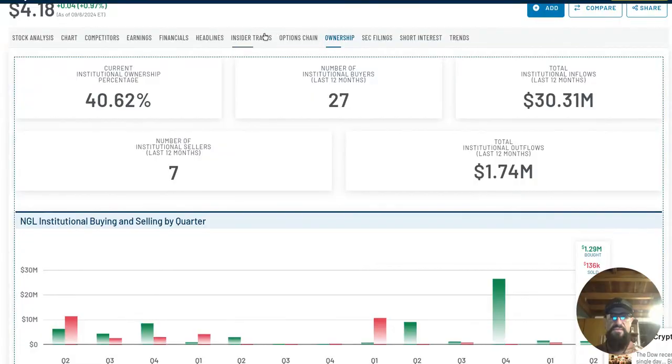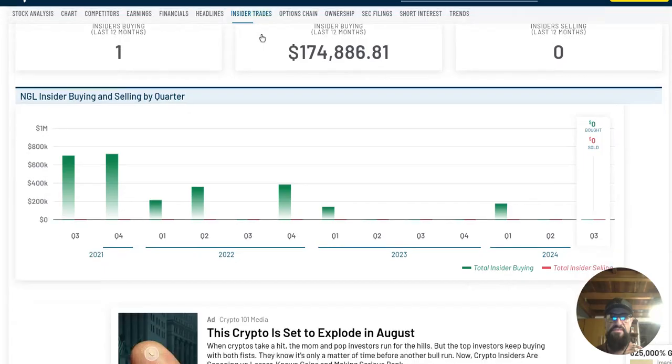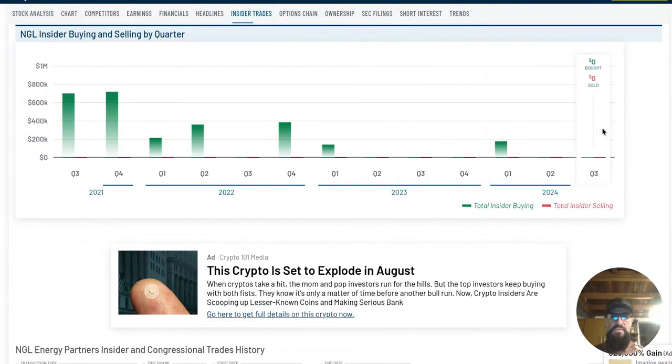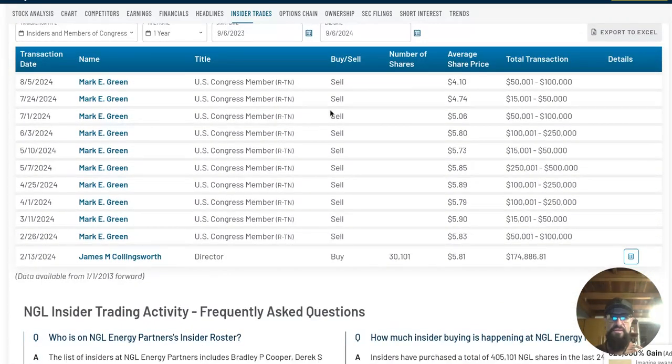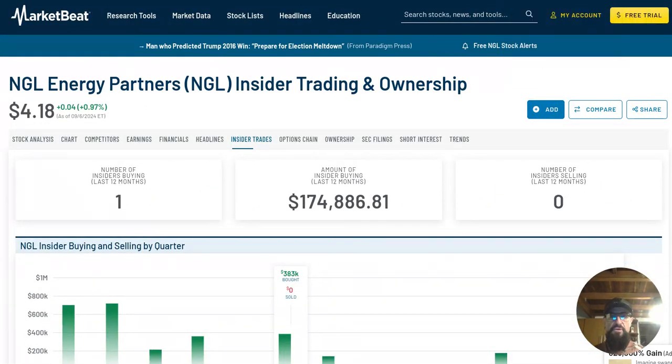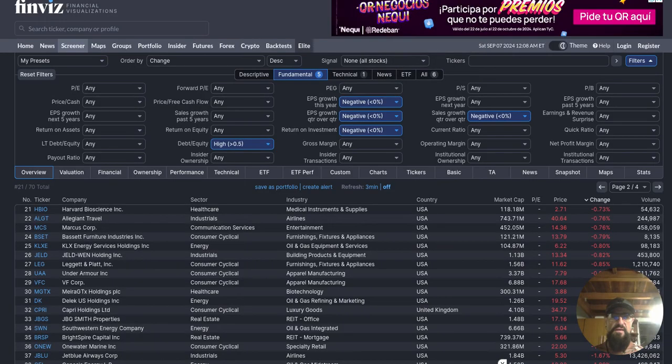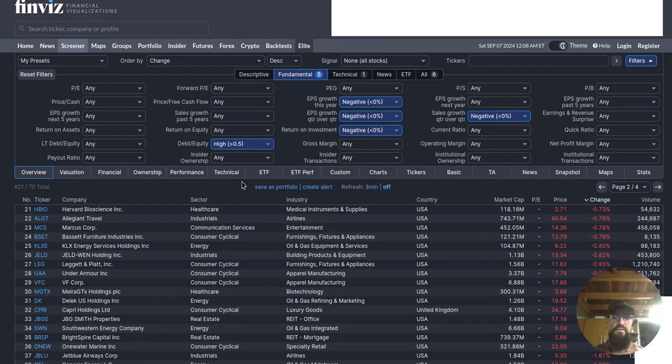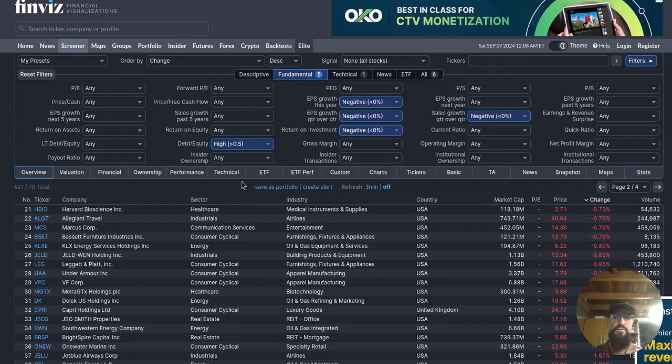You can see the insider trades and what the major stakeholders are doing. Here everyone sold basically. So for me, this is a candidate to short sell. Am I going to short sell it? I don't think so, for the reason that I was saying.